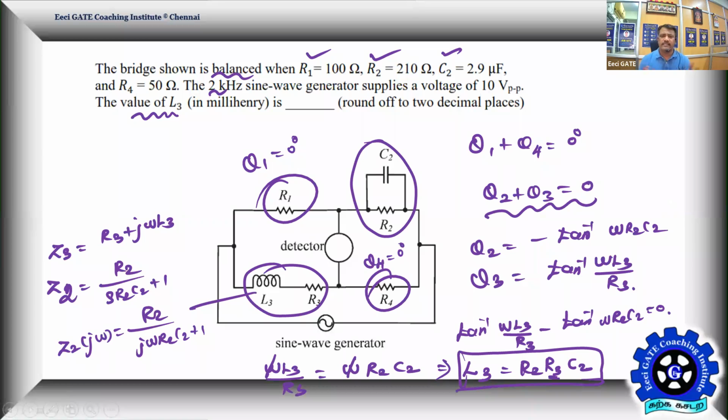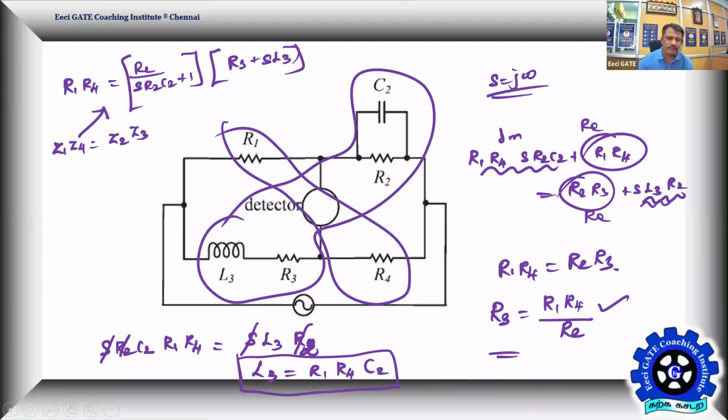So yes, the earlier practice with these bridges should have given you the idea what route we should take, whether to go by phase angle or by the complete balance. I tried the phase balance route, assuming we can complete the problem quickly, but that doesn't work. So we went by the normal way of the total impedance balance. Product of opposite impedances are equal when an AC bridge is said to be in balance.